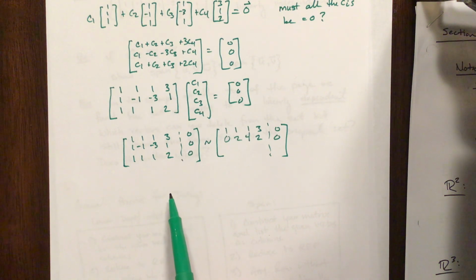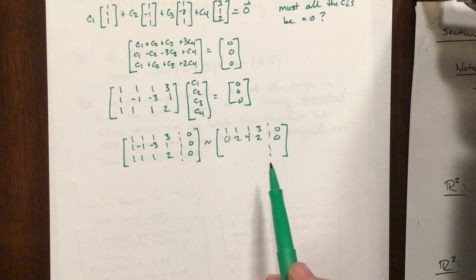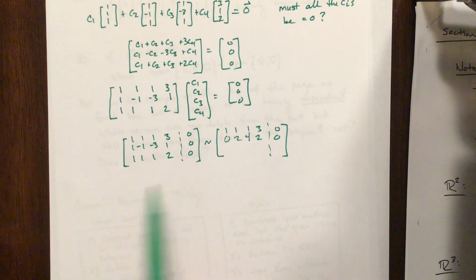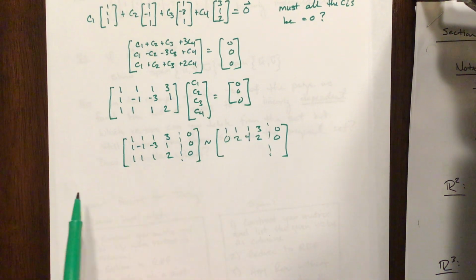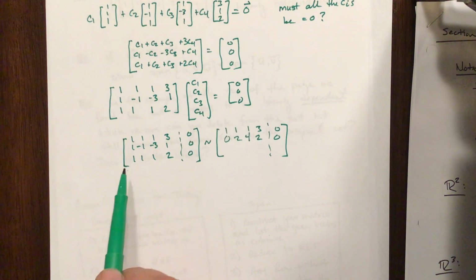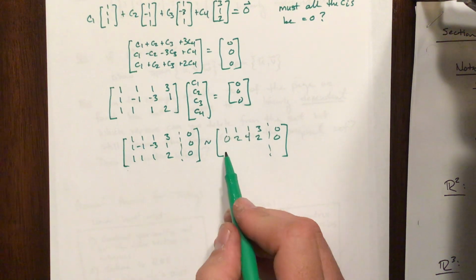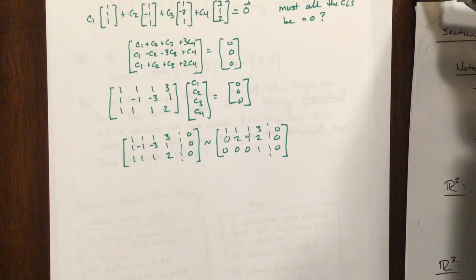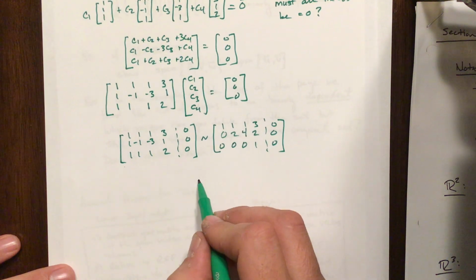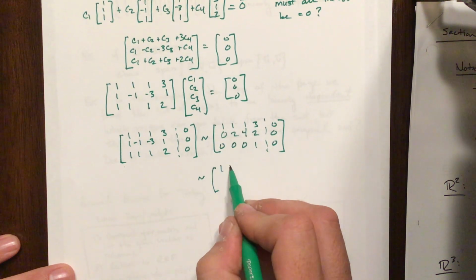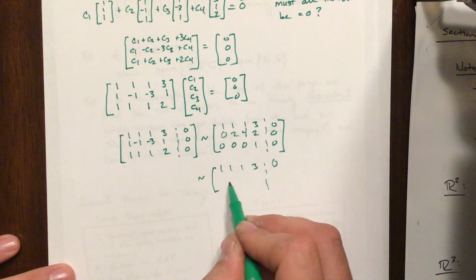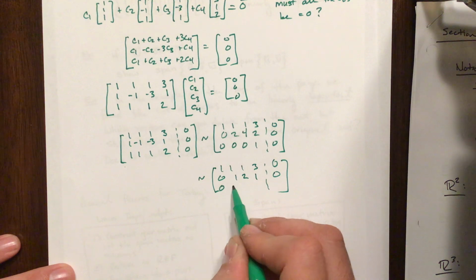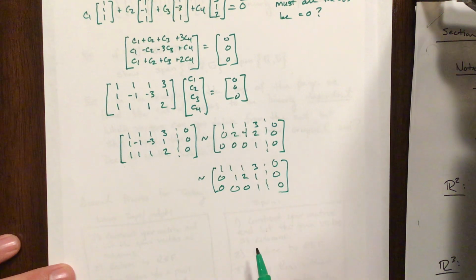So this will probably be the last example where I care about the augmented column, because that's always going to be 0 no matter what combination I use. For row 3, let's take row 1 and subtract row 3. So 1 minus 1 is 0, 0, 0, 1, 0. Let's row reduce here: [1, 1, 1, 3 | 0; 0, 2, 4, 2 | 0; 0, 0, 0, 1 | 0].